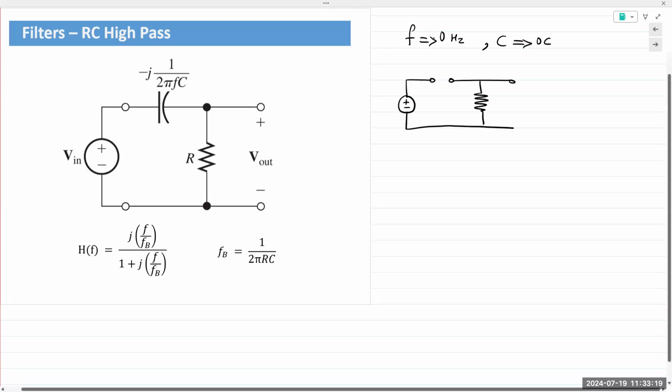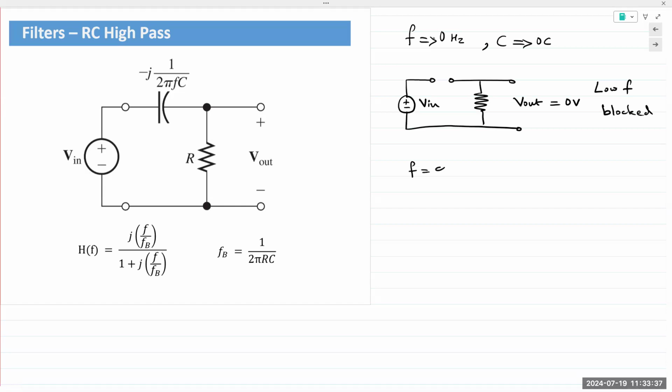This time the output is across the resistor. So V out goes to 0. Low frequencies are blocked.